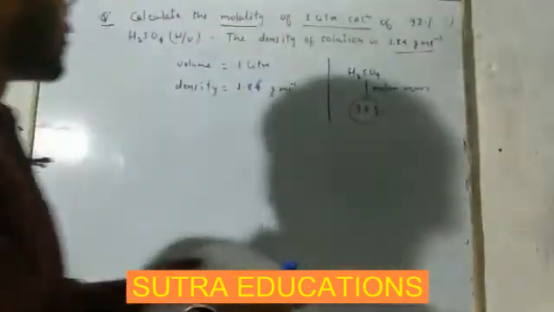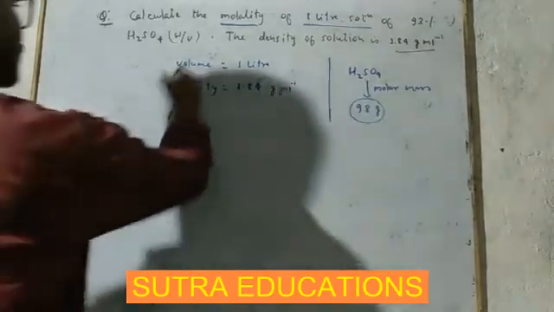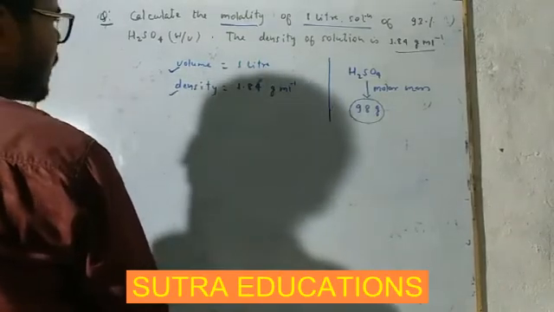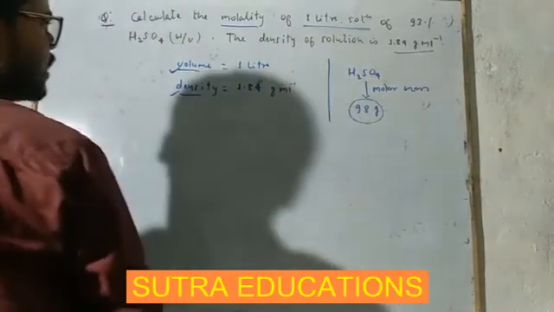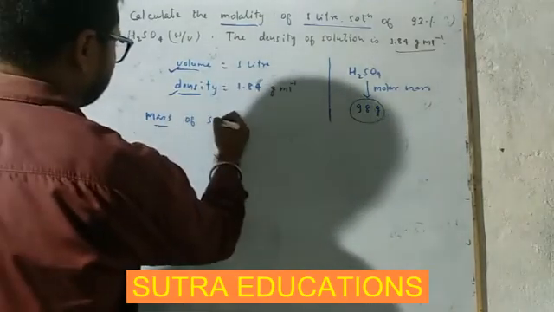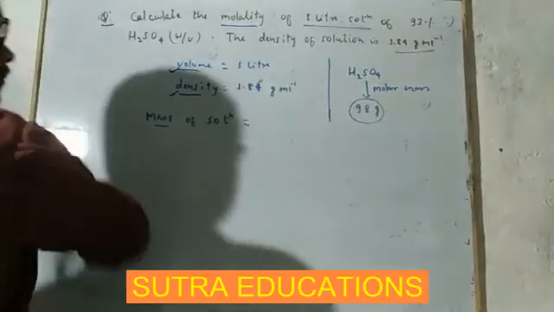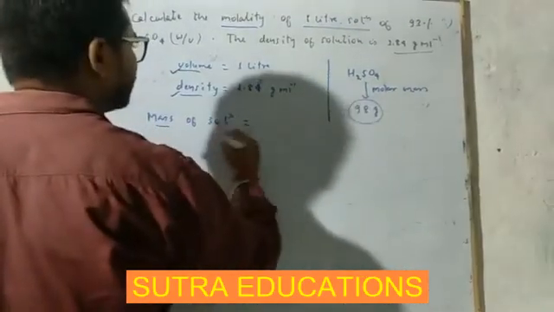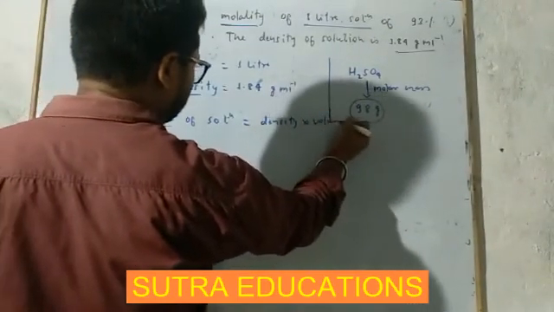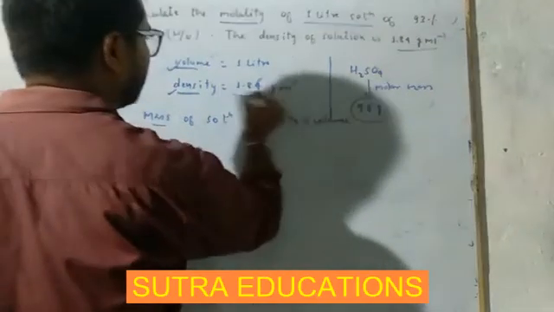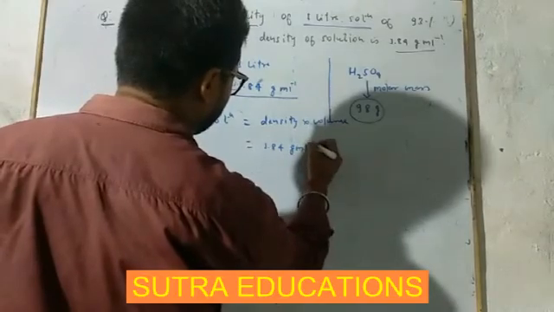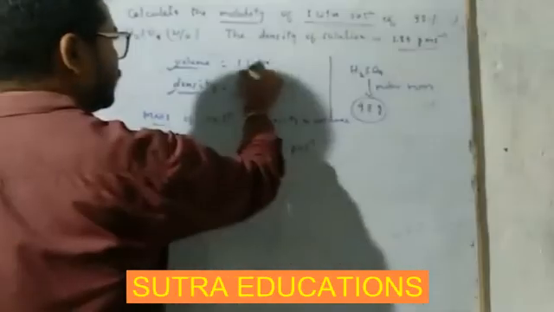So we have volume, and density is equal to mass by volume. So from here we can say mass of solution will be equal to density into volume. Density is 1.84 gram ml inverse, and volume is 1 liter.